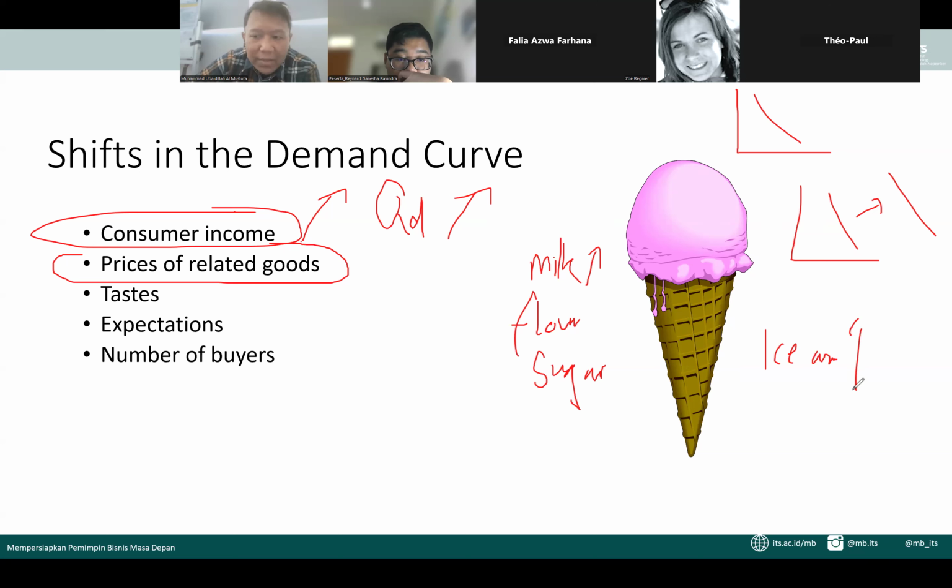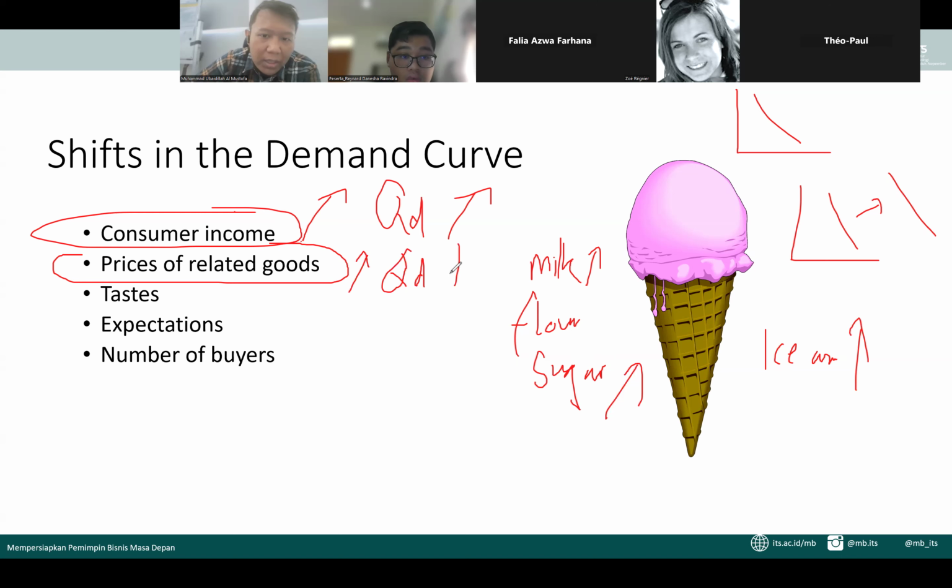It will also increase, right? Let's say the price of sugar increases. What will happen to the ice cream? The price of ice cream will also increase. So when the prices of related goods increase, what will happen to the quantity demanded?